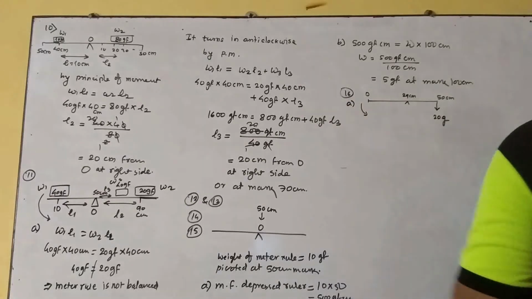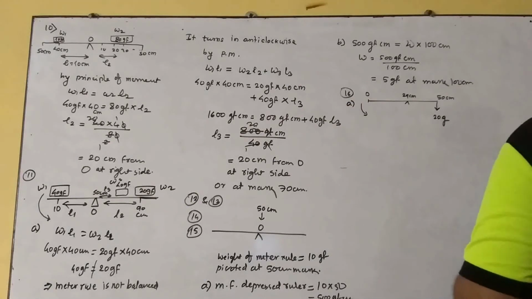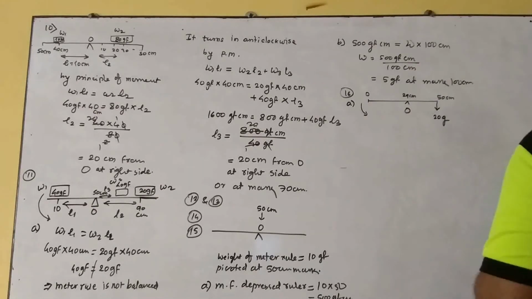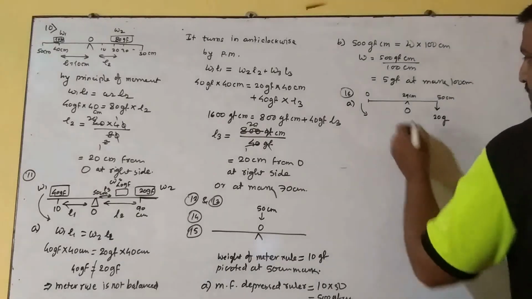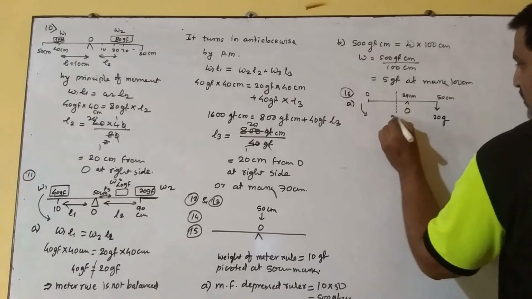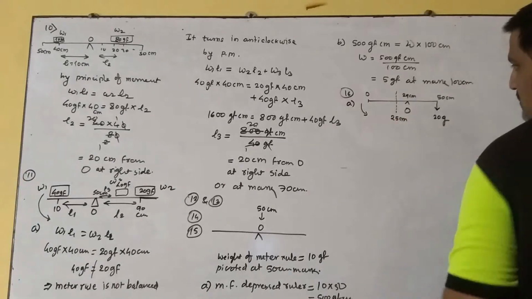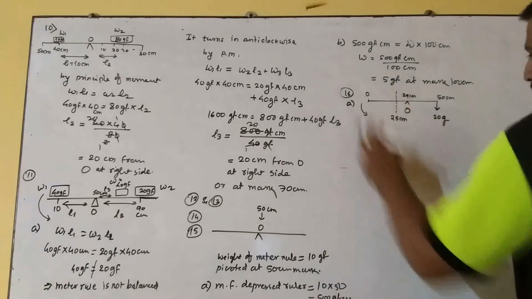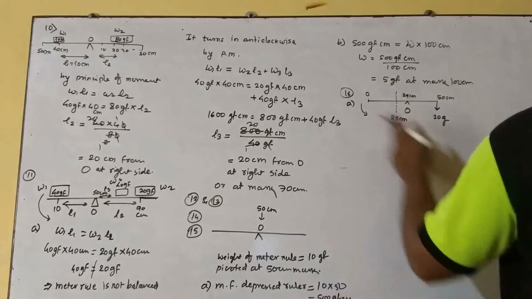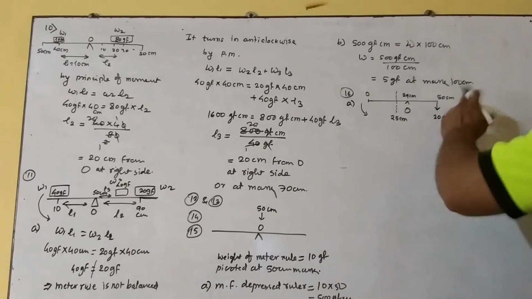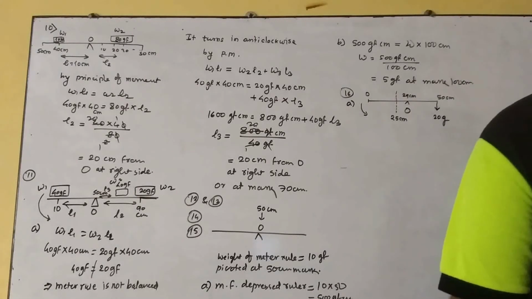This is A. Actually this is a half meter rule, so where should the fulcrum be? Fulcrum should be at 25 centimeter. It is expected, but it is given at 29 centimeter. So it shows an anti-clockwise movement, and to balance it, we keep 20 gram of mass at the mark of 50 centimeter.